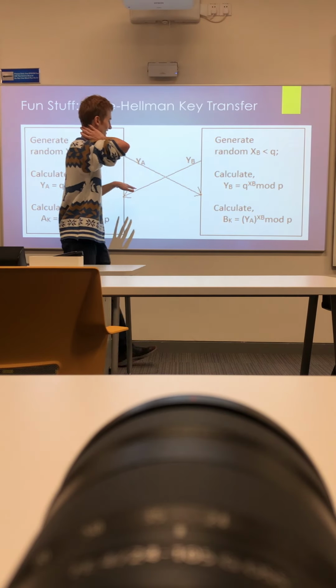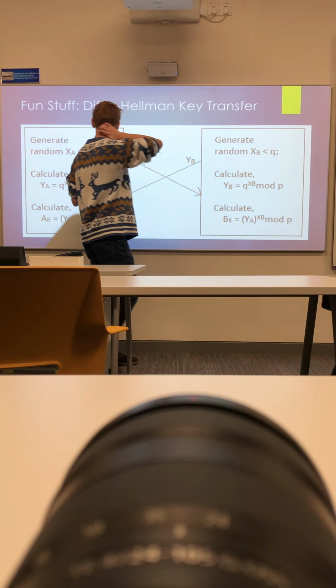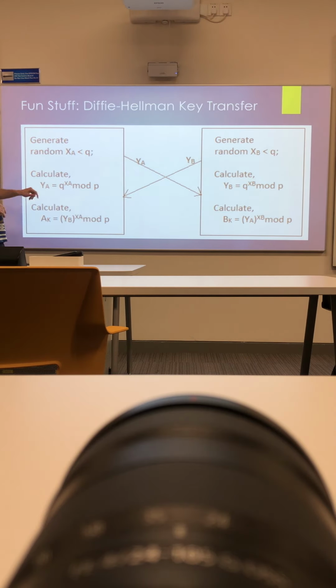This is like the public color of paint that they had before. So they can both compute this sort of exponentiation in their modulus. There's a way to do this very quickly. If you want me to talk about it later, we can do that, but it's not too important.